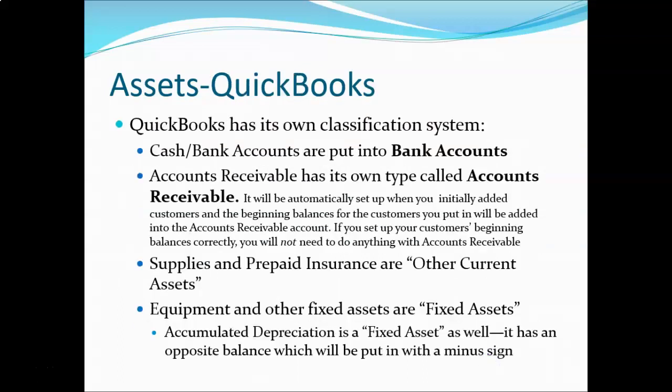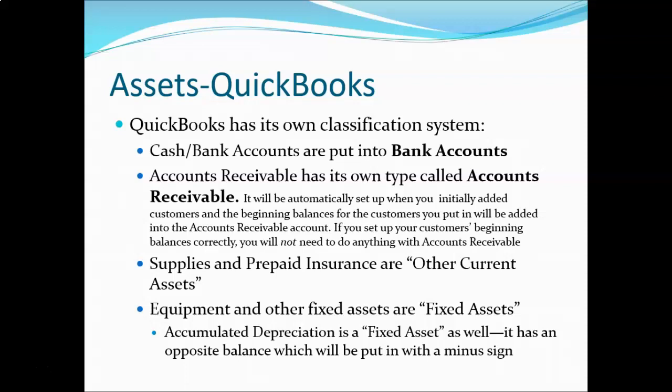Okay, so that was what we learned in Accounting 101. Now, what about what we do with assets in QuickBooks? Well, first of all, anything that's a cash or a bank account in QuickBooks, they have a whole separate type called bank accounts. The savings account, the checking accounts, payroll checking accounts, all of those are bank accounts, and we're all going to call them bank account types.